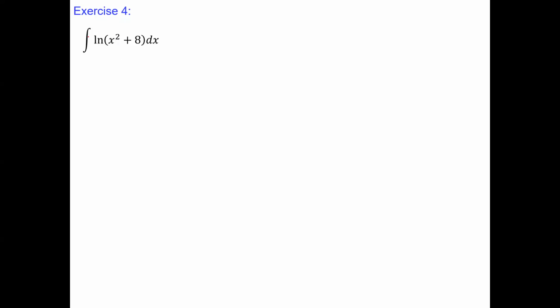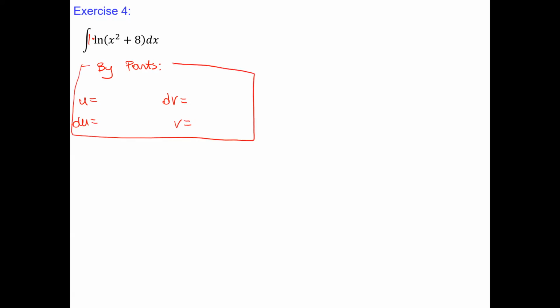That's where we will do multiplication by 1. We remember that method, and we will do integration by parts, u dv. We will compute the derivative and the antiderivative. Let's see. u has to be natural log of x squared plus 8.